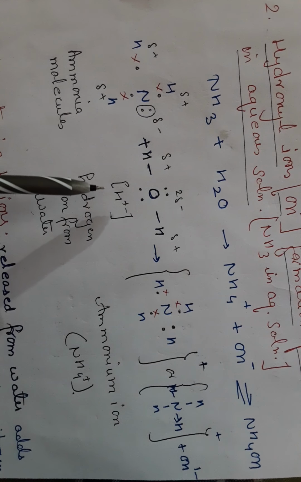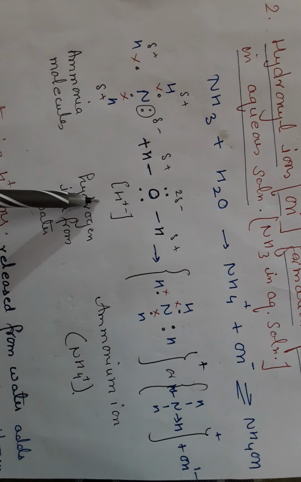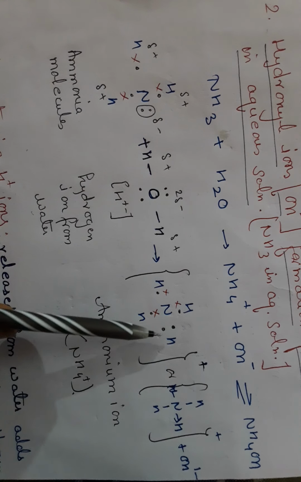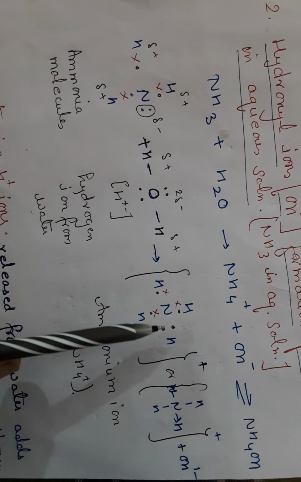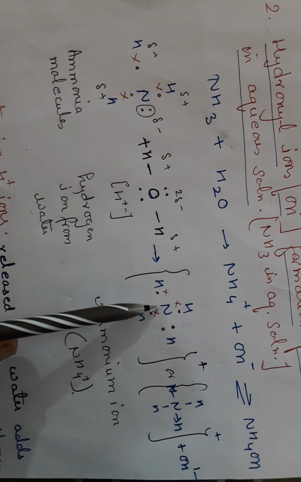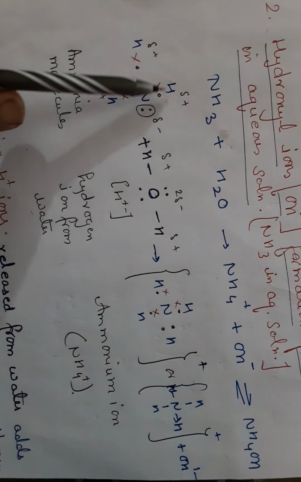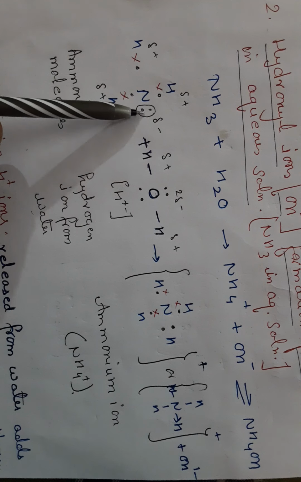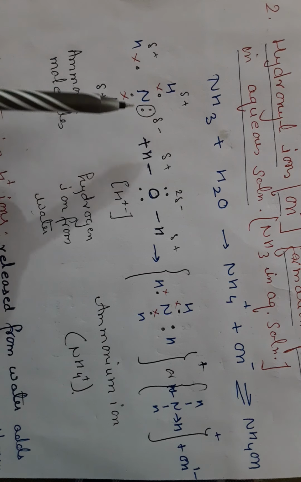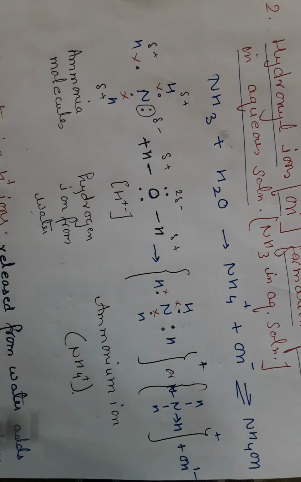Repeating again, here the proton ion released from the water adds to the lone pair of electrons of the nitrogen atom of the ammonia molecule. Understood? Here we can see the hydrogen has a slight positive charge, and the nitrogen has a negative charge and one lone pair of electrons.